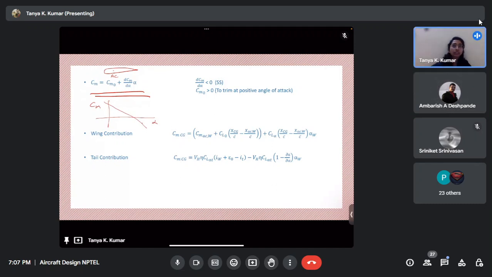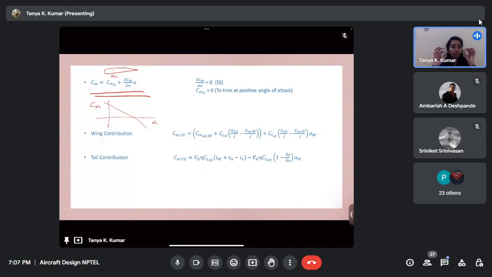It is the point at which the aerodynamic forces are actually acting. This point, center of pressure, keeps changing as your airfoil keeps moving up and down, which is why we came up with aerodynamic center, which is a point that is constant with angle of attack. So our analysis becomes easier.